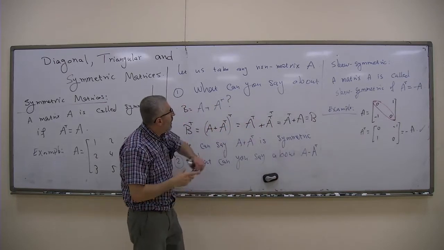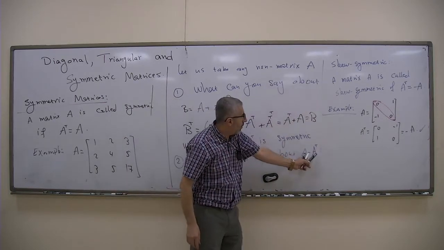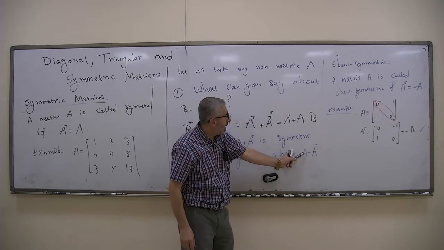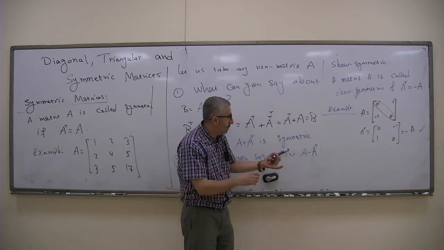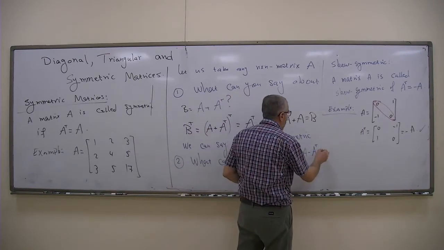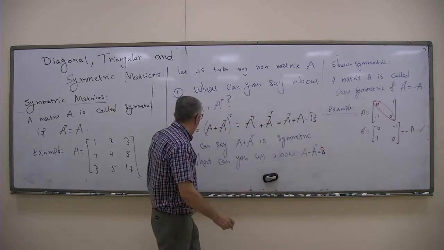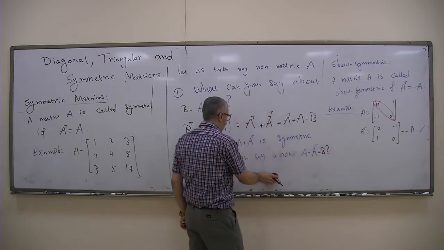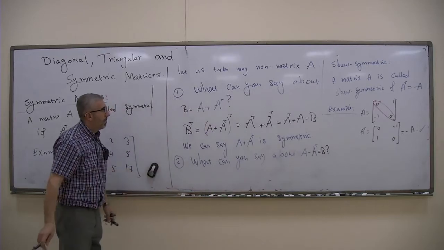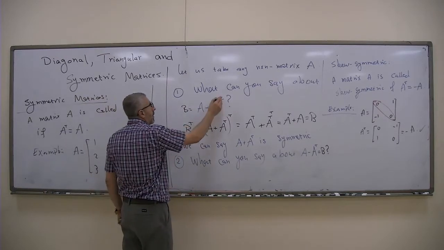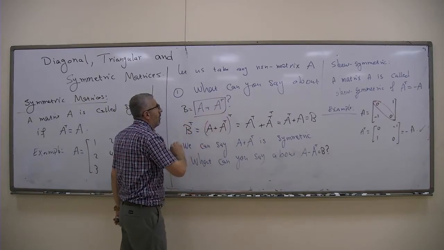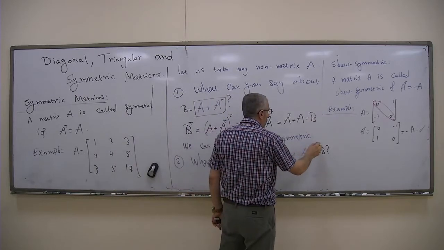So you have a matrix A. I'm going to take the transpose of A, and I'm going to write A minus A transpose. I'm going to call this B. What can you say about this?